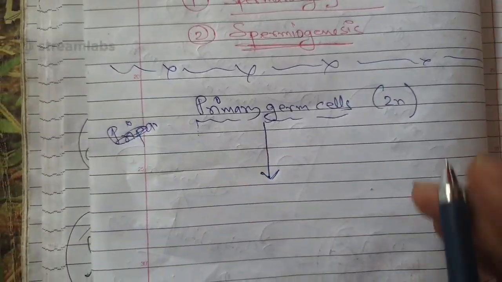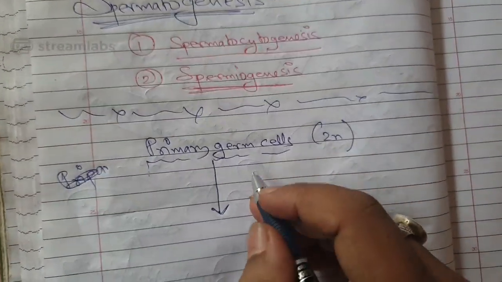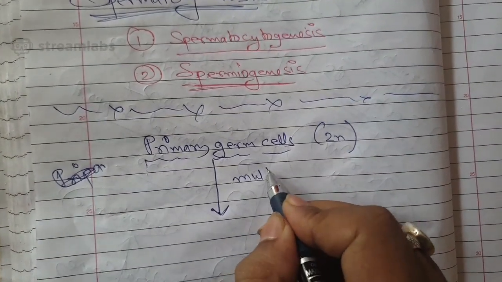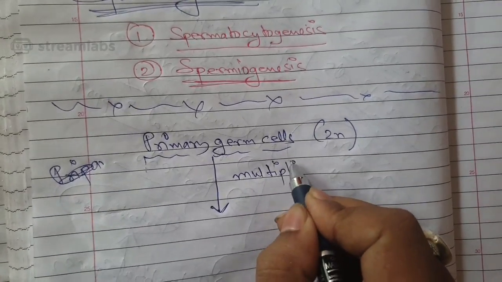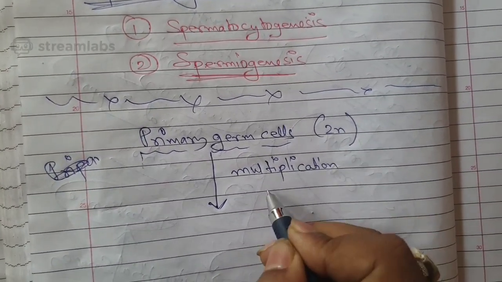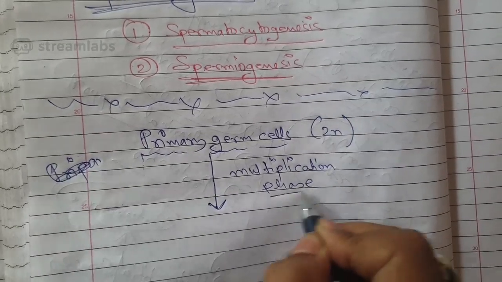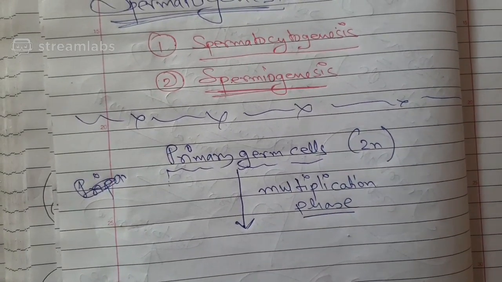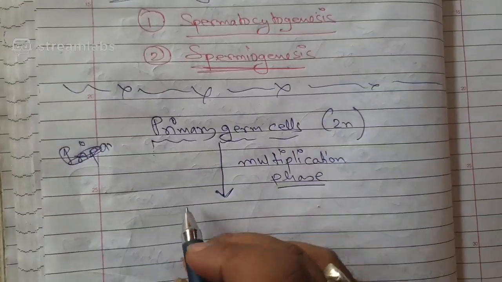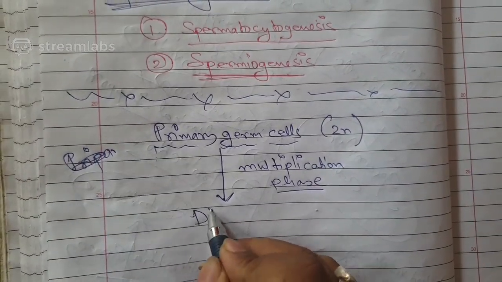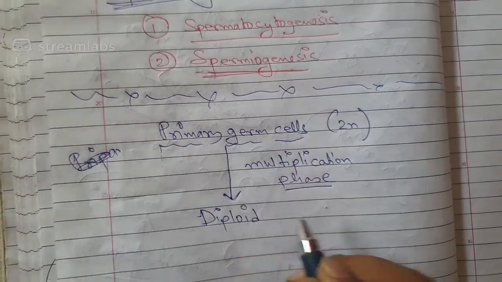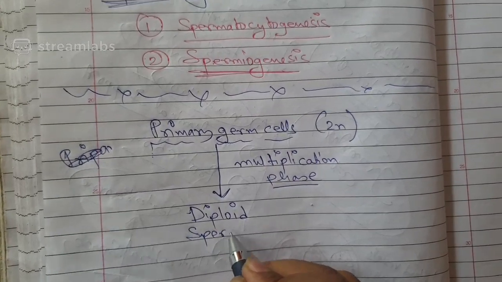There is continuous division or continuous multiplication, which is known as the multiplication phase, and there is production of diploid spermatozoa.